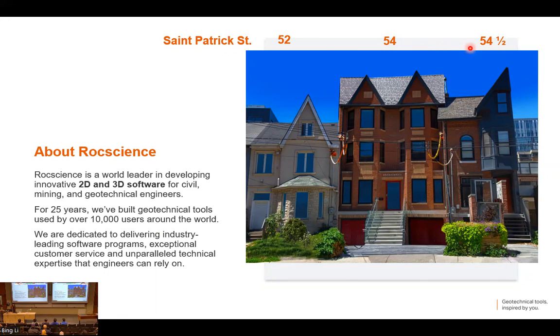These half units are basically old Victorian era row houses. On St. Patrick's Street, there used to be a lot of them. Over time, land developers came, bought out the houses and demolished them. So this 54.5 unit is a historical half house that has been spared demolition.